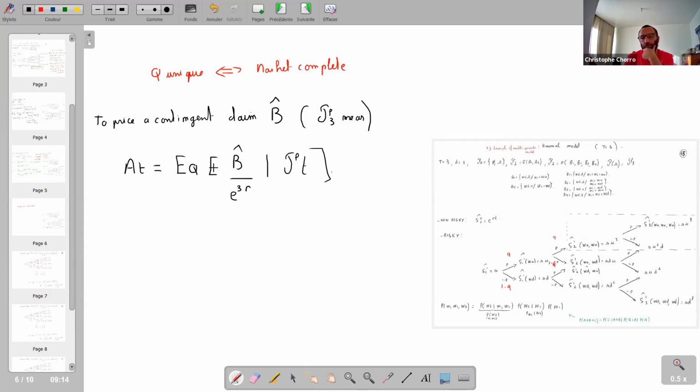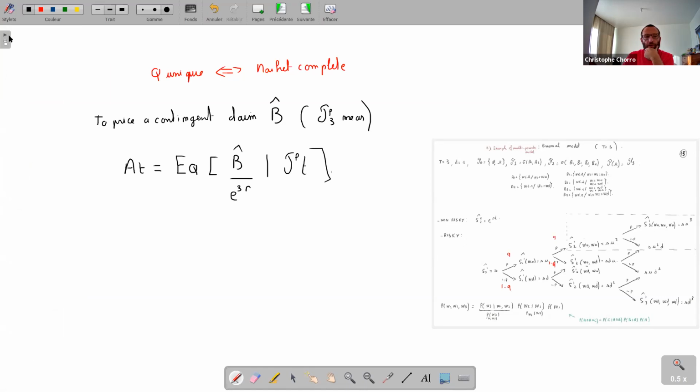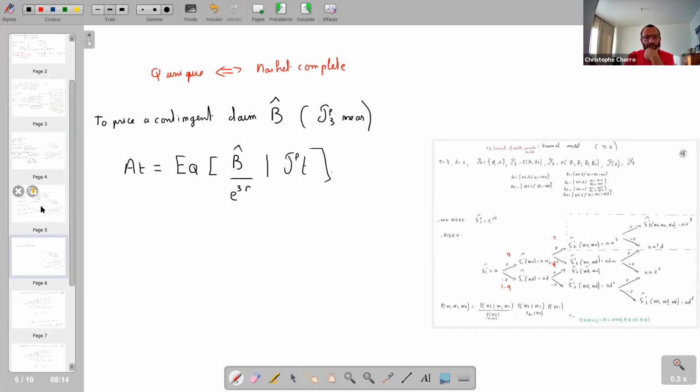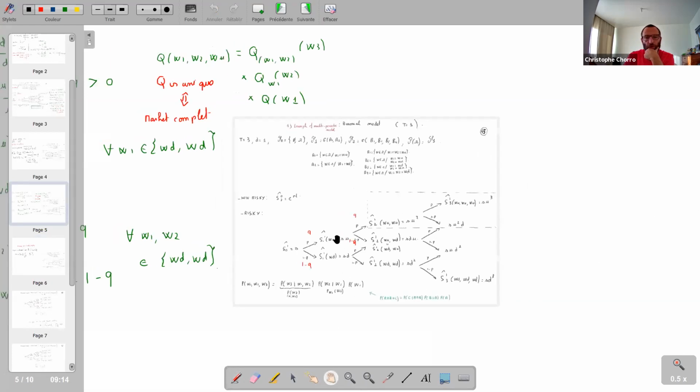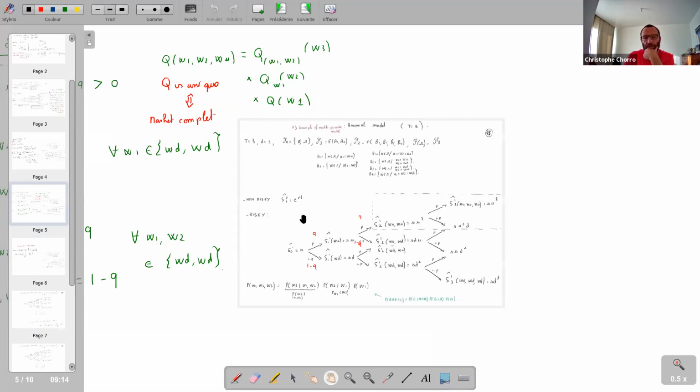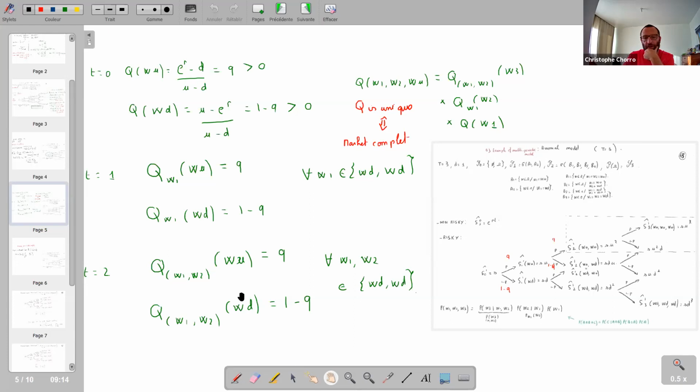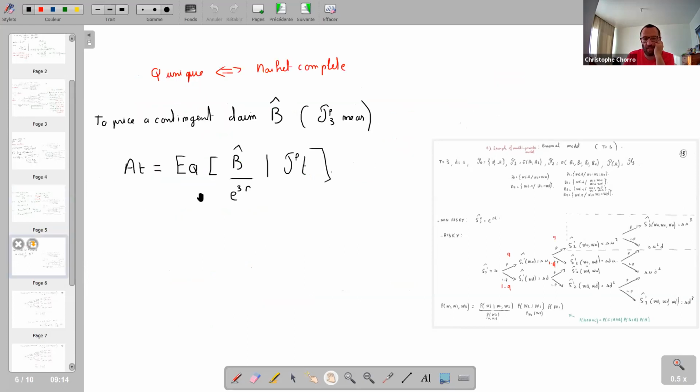And it's not complicated to compute this conditional expectation, because it will be obtained through the fact that I know all the conditional probabilities related to Q. All of them are given by this. So I will be able to compute it easily.